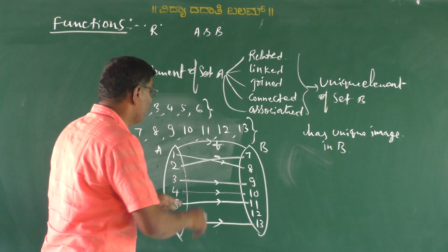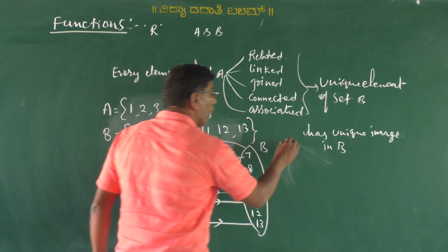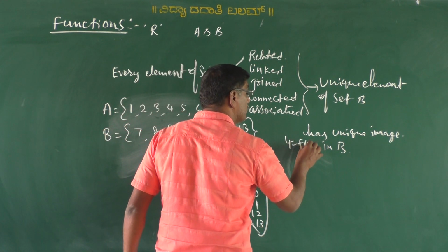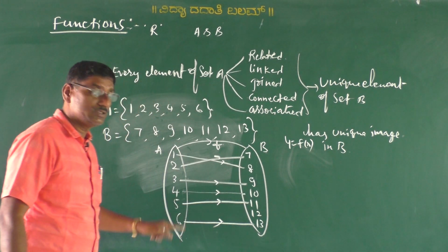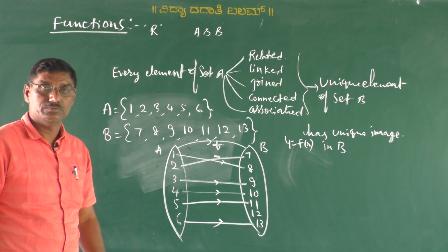Now I am going to write one by one. How, sir? That is through y is equal to f of x. X is called pre-images. Y is called images.